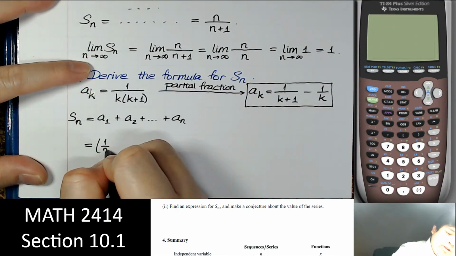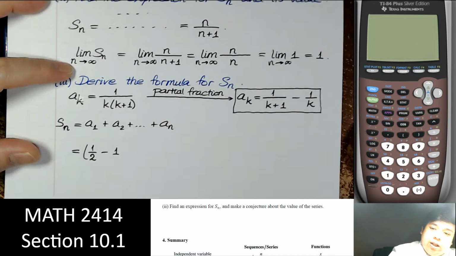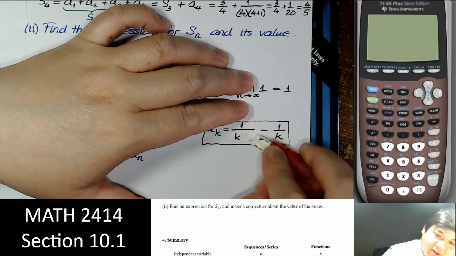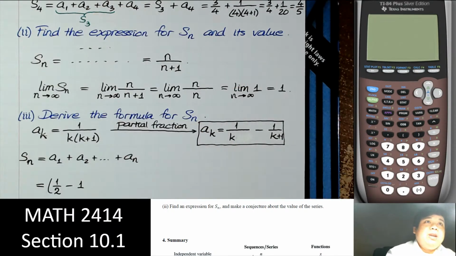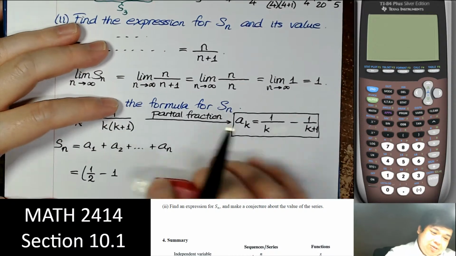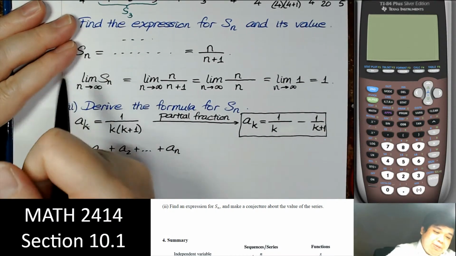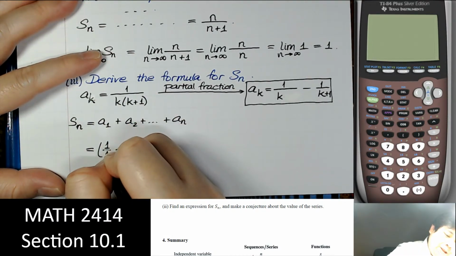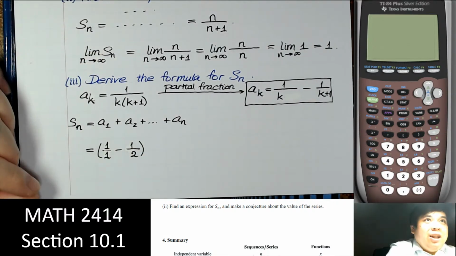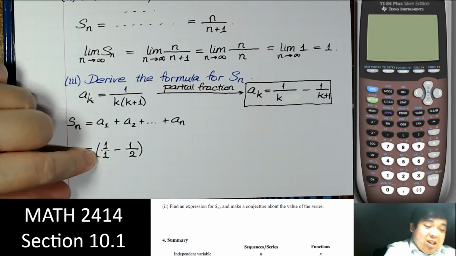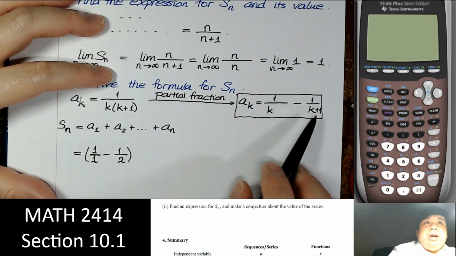Sorry, this should be negative: 1 over k minus 1 over k plus 1, since 1 over k is bigger than 1 over k plus 1.